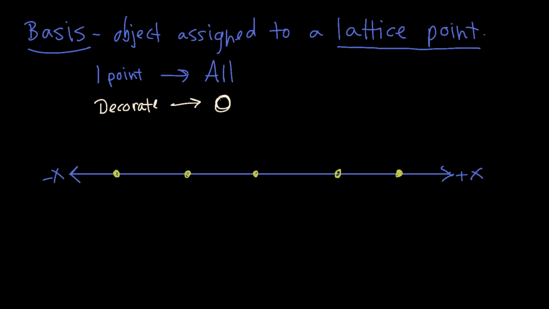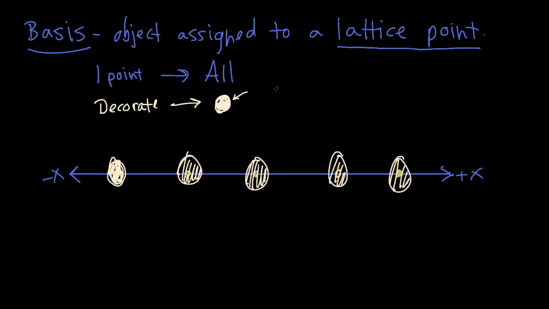So in this case, I'll just have this little circle, and it's going to go on each lattice point. I'll actually draw it more like this. Right now, our basis is just telling us that this circle goes on each lattice point.